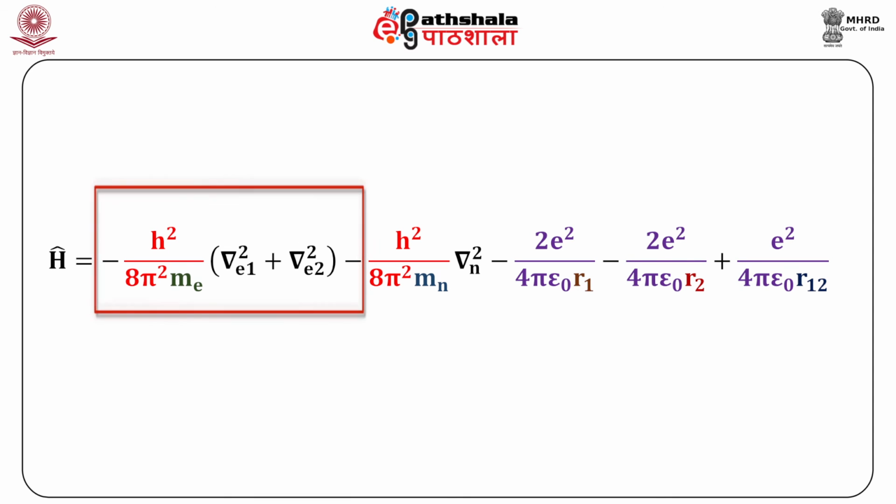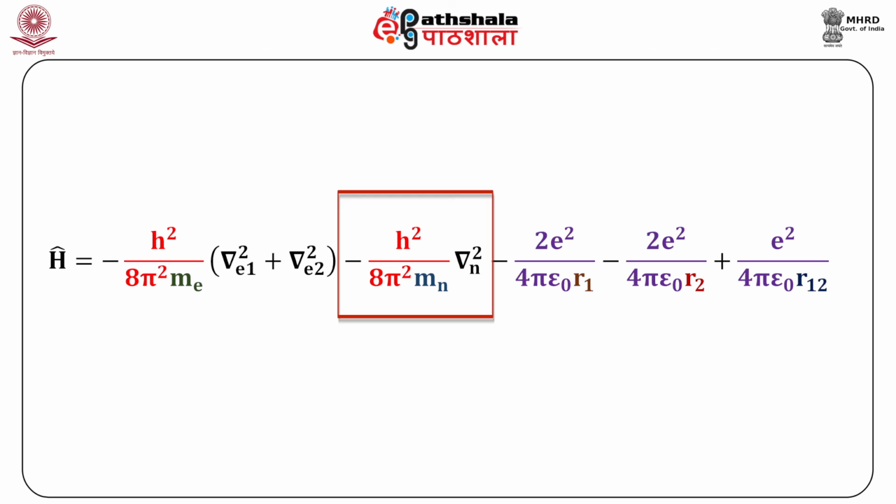These are the corresponding kinetic energy terms of electron 1 and electron 2. Then the next term is minus h square upon 8 pi square mn del n square. This represents the kinetic energy term of the nucleus.